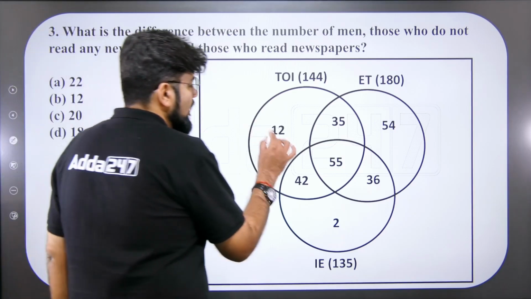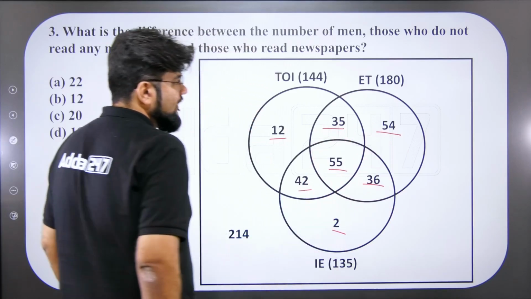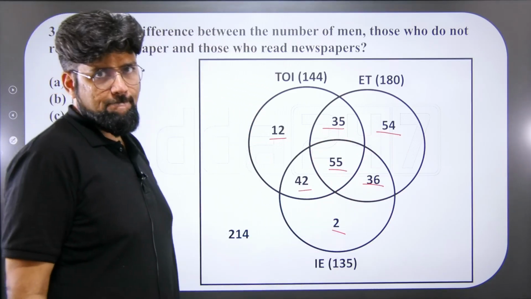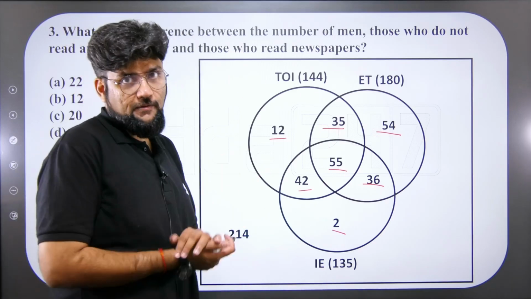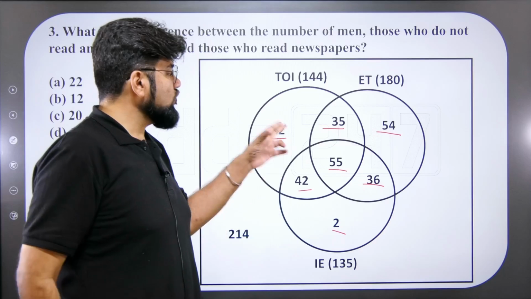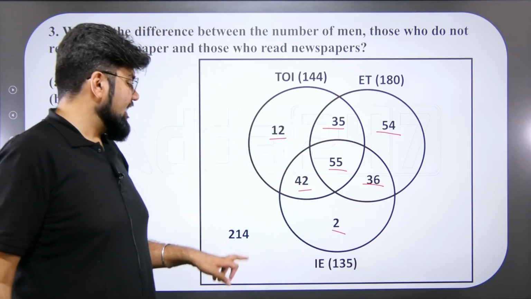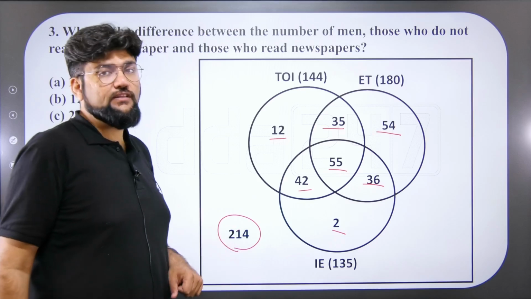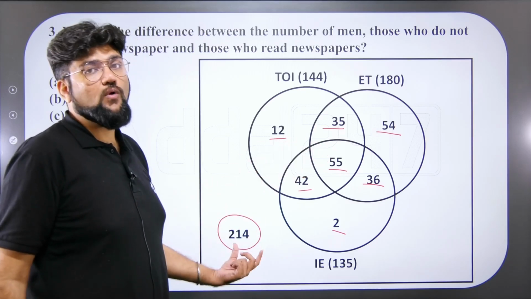Because when you add these values individually, you get a sum of 236. And we knew that the total people in the society were given to be 450. If out of 450, only 236 are the people who are reading either of these 3 newspapers, then there has to be a set of people who is not reading any of these, and that will always be mentioned outside this set here, that is 214.